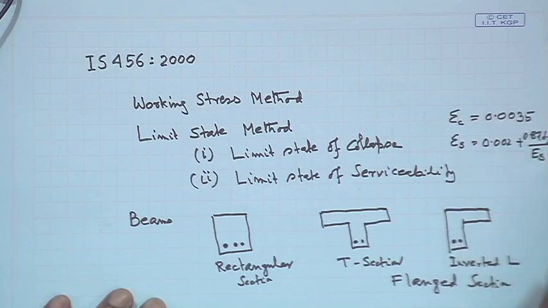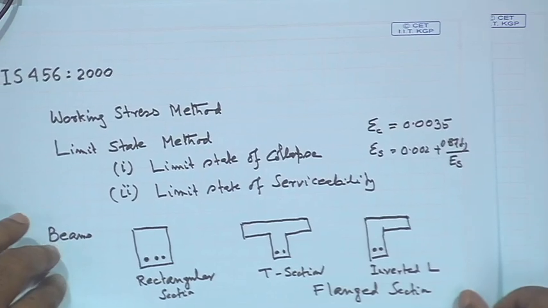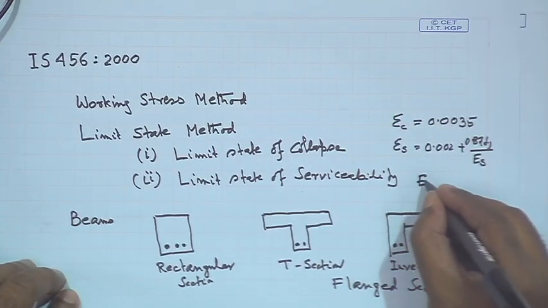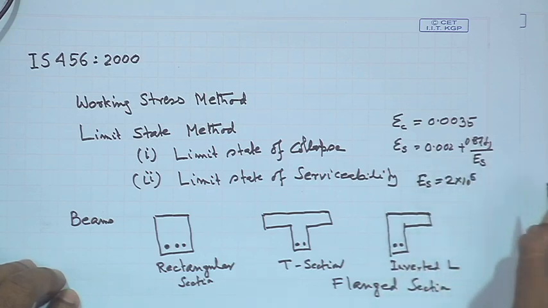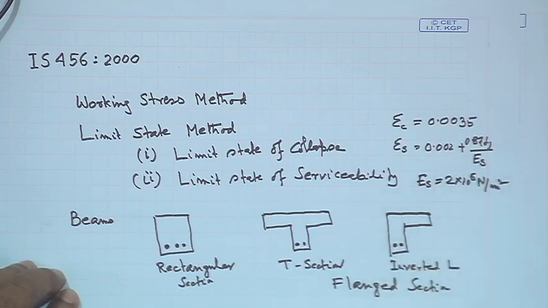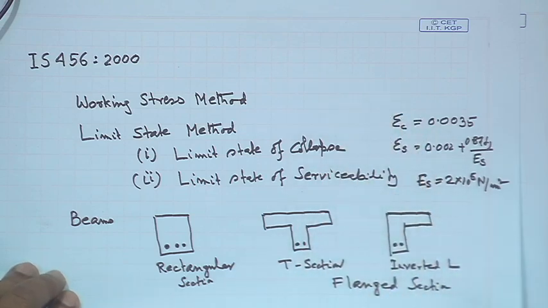Es is the modulus of elasticity of steel, 2 into 10 to the power 5 Newton per square millimeter, for any grade of steel. So from there we can find out the neutral axis.